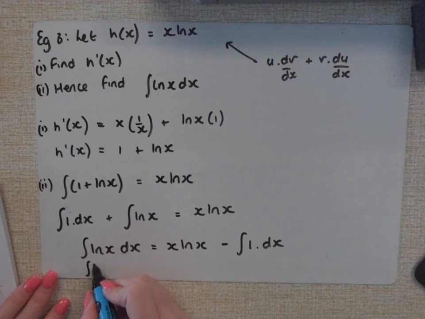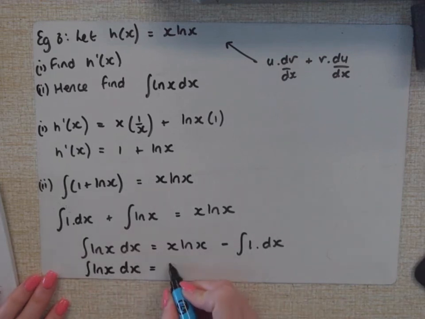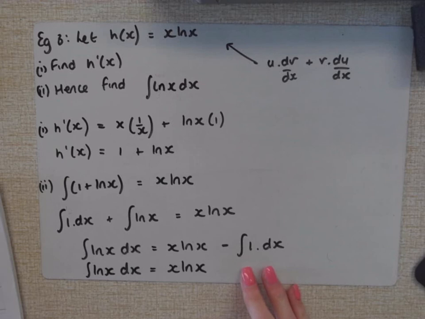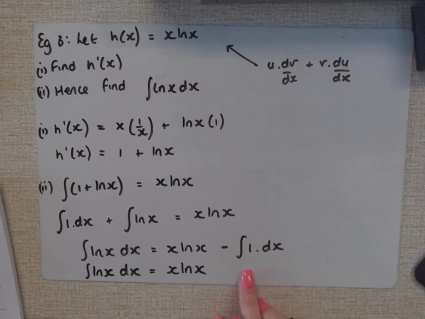So the integral of ln x dx is, nothing happens there. Integrate 1. Increase the power by 1. Yeah. So x to the power of 0 becomes x to the power of 1. Okay? Plus c.